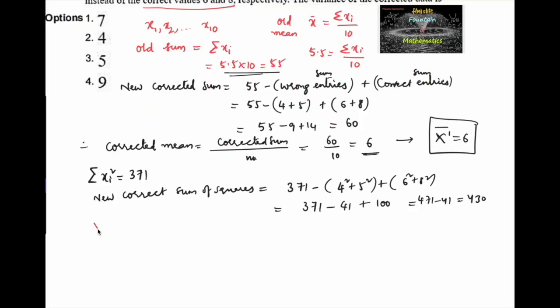And we have the formula for variance. Sigma square is equal to summation of xi square divided by n minus (summation xi by n) whole square, that is mean square.